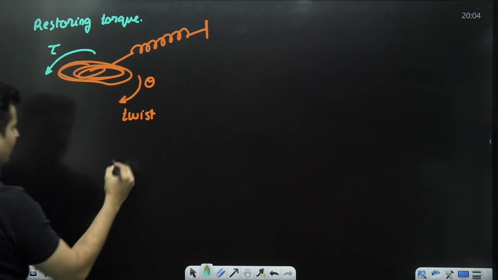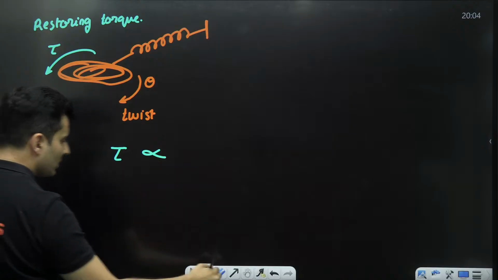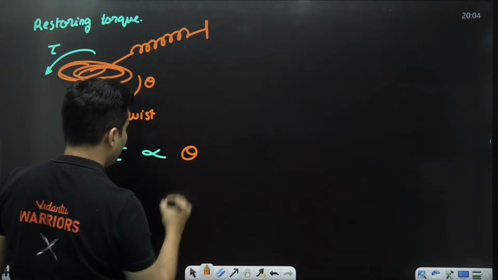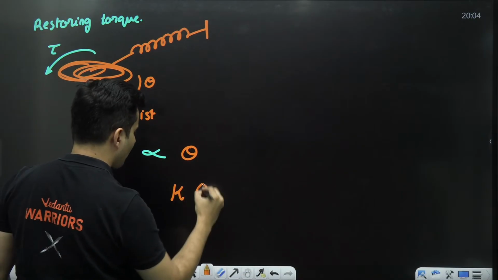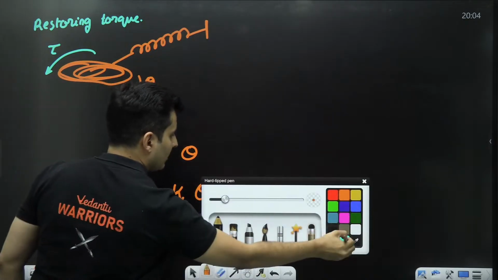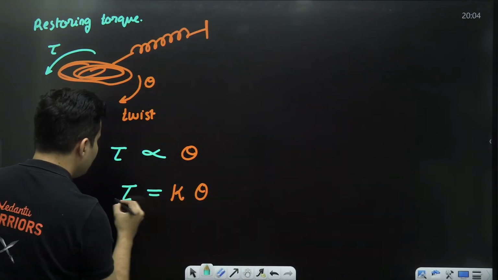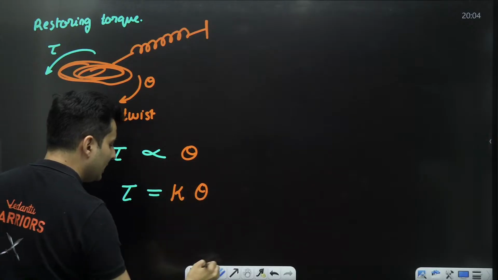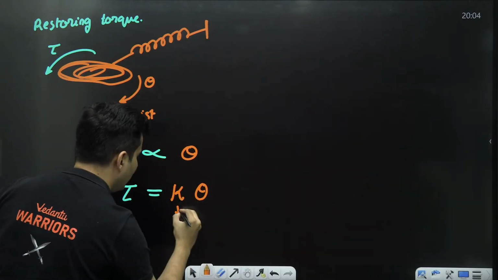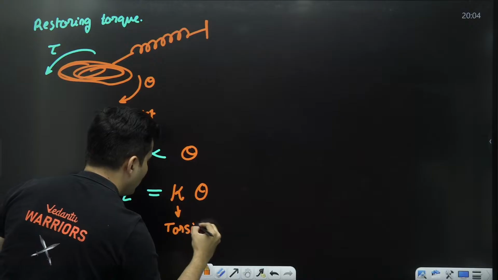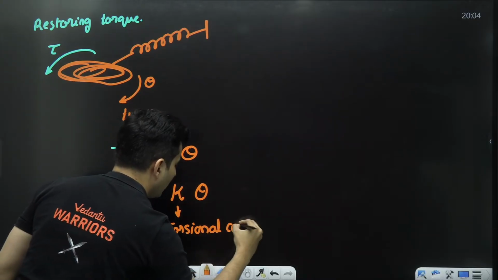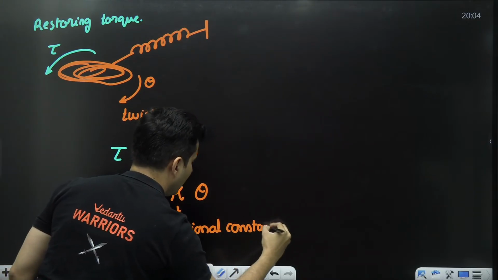This torque is found to be proportional to how much you have twisted it, and that constant is K. This torque is some K into theta. This K is called the torsional constant of the spring.